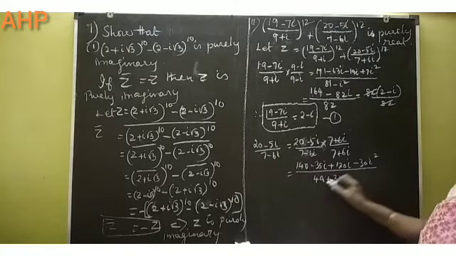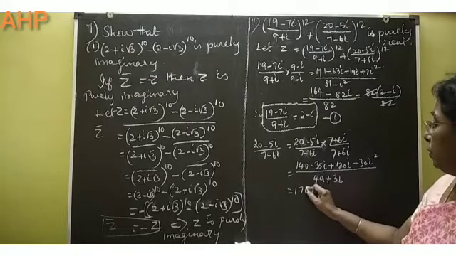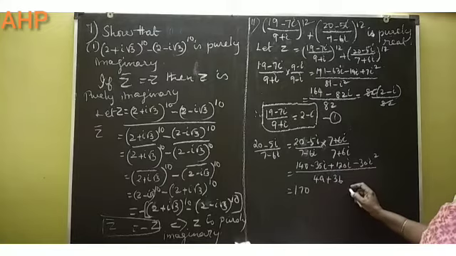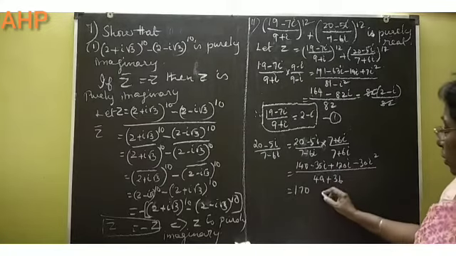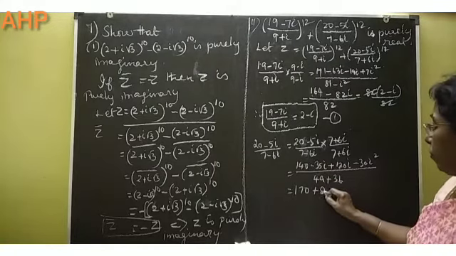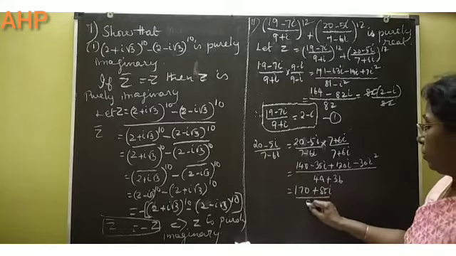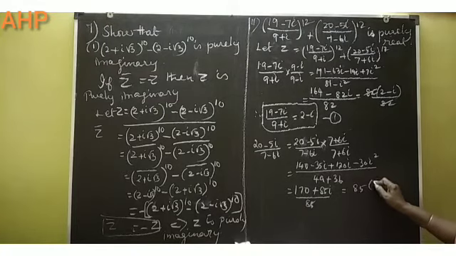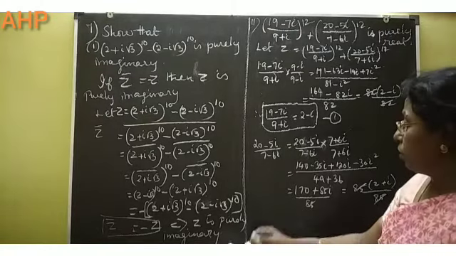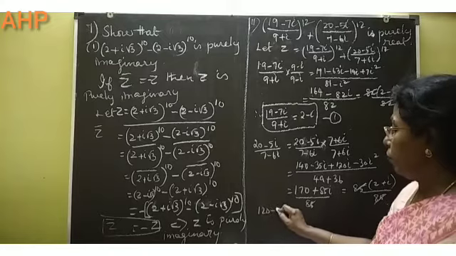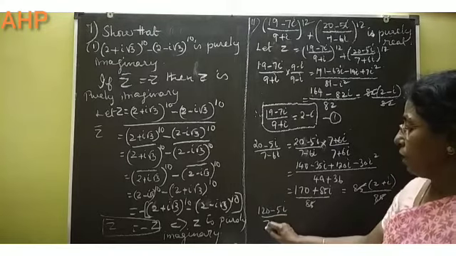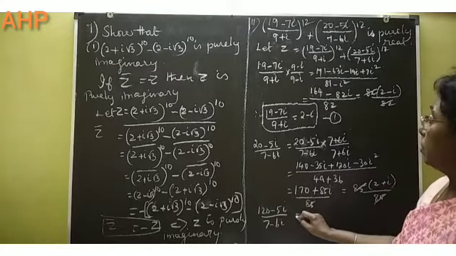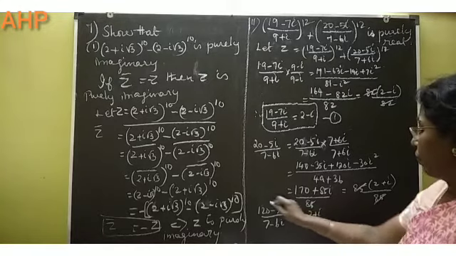So 140 plus 30 gives you 170, 120 minus 35 gives you 85i, divided by 85. Now 85 can be taken common outside, 85 into 2 plus i divided by 85. So this gets cancelled. You are going to get the next term, 20 minus 5i divided by 7 plus 6i, is equal to 2 plus i.